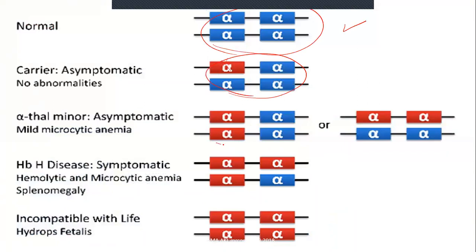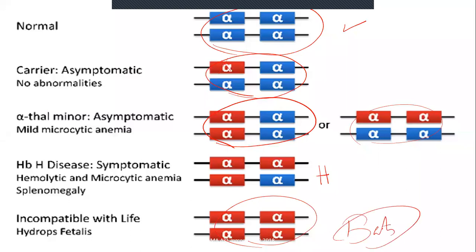If 2 genes are affected, thalassemia trait, either 2 genes on the same chromosome, or 1 on one chromosome and the other on the other chromosome. Hemoglobin H, 1, 2, 3 genes are affected. And when all 4 are affected, this is hemoglobin Barts, which is incompatible with life, leading to hydrops fetalis. Okay, up till now, is everybody understanding? Any question in the previous slides?